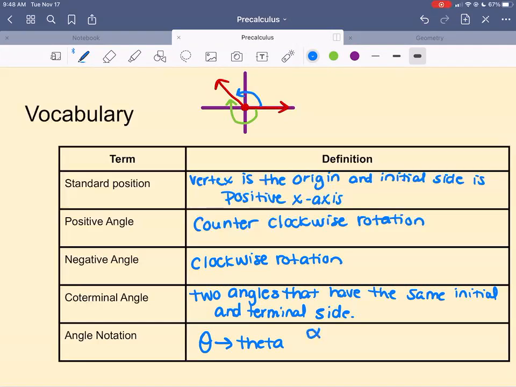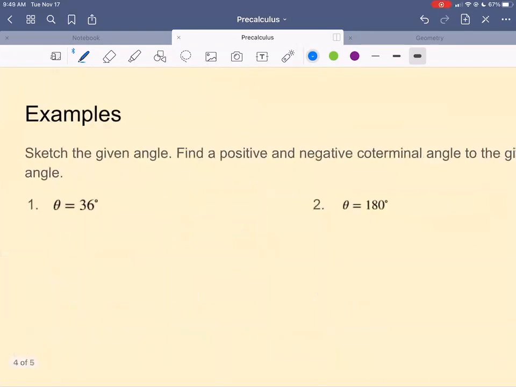You can also see this one here, which is kind of like you're trying to draw a fish, but you just don't connect the tail. This is a Greek letter called alpha. And then you also have this B with a long tail. That is the Greek letter called beta. Those are typically our most common distinctions for angles. So we can have different angles being represented by those various letters.